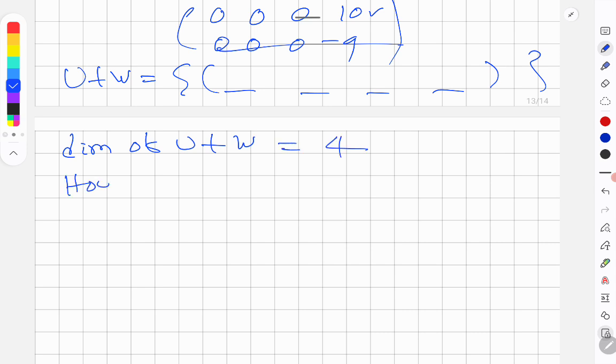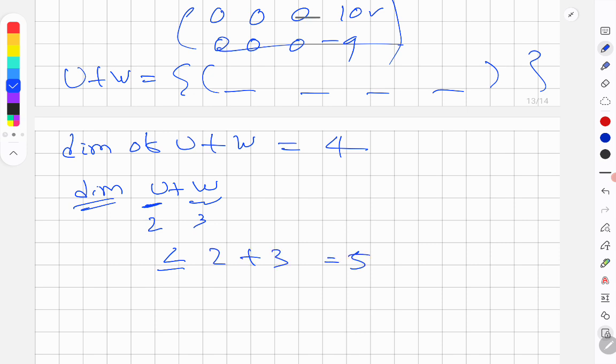Let's decode it. What will be the dimension of u plus w? First of all, what is the dimension of u? It's 2. The dimension of w was 3. So it should always be less than or equal to 2 plus 3, that is 5.